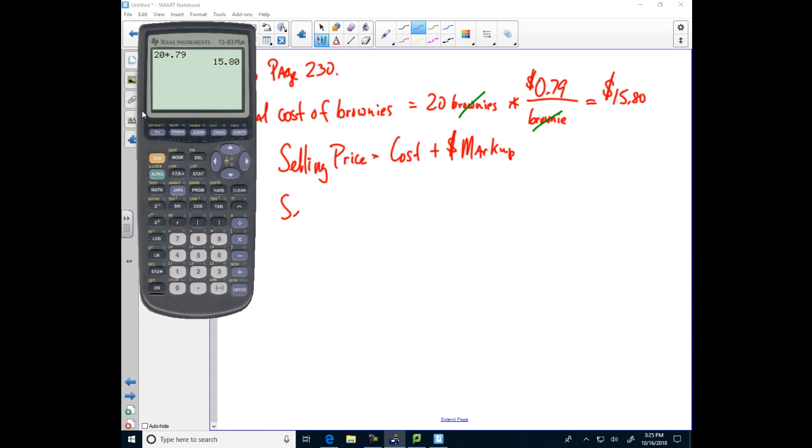Well, we want the selling price, don't we? The selling price equals cost, and we want 60%. We want a markup of, and this is not going to be a dollar, but it's going to be a percentage markup of 60% on cost. So we need a formula that has cost and then percent of cost, don't we?